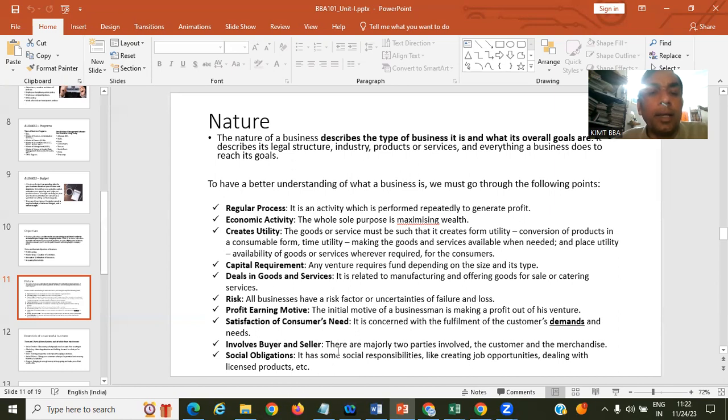This is common, and you remember these points. This will be helpful to write the nature of business, scope of business, characteristics of business. These points are important. More or less, this is a summary of what we discussed so far.